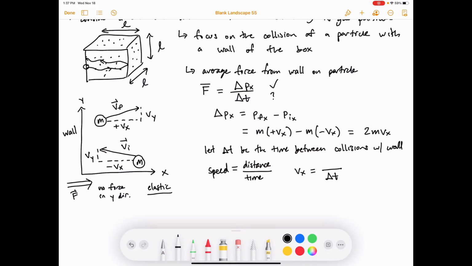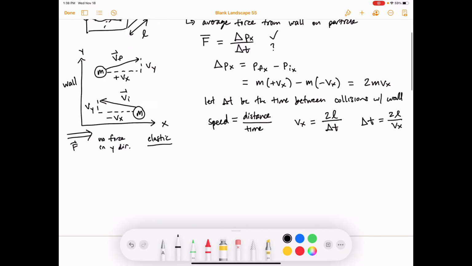In other words, it has to travel 2 times L, twice the length of the box, between collisions with a given wall. So Vx is 2 times L divided by delta t, or we can say delta t is 2 times L divided by Vx.